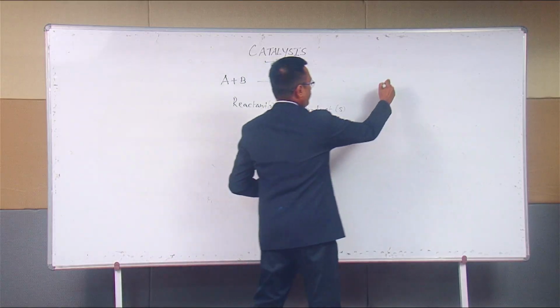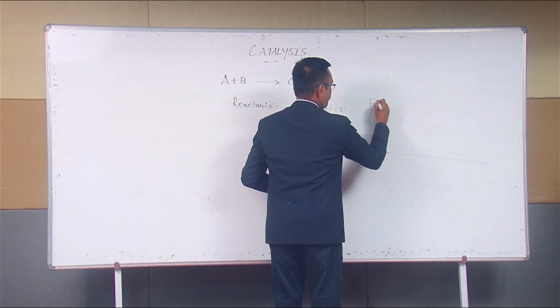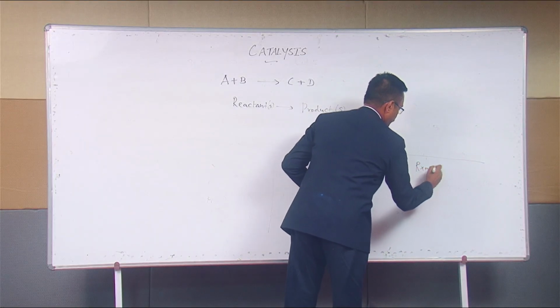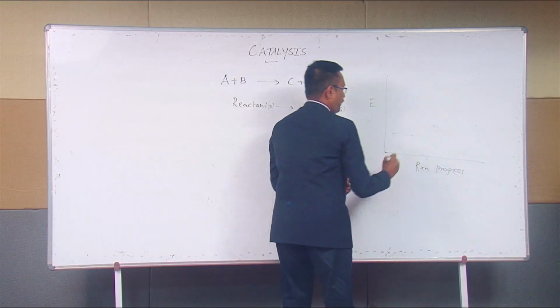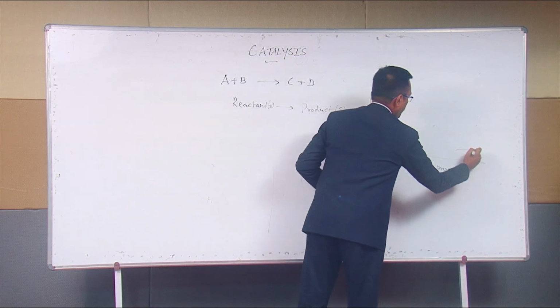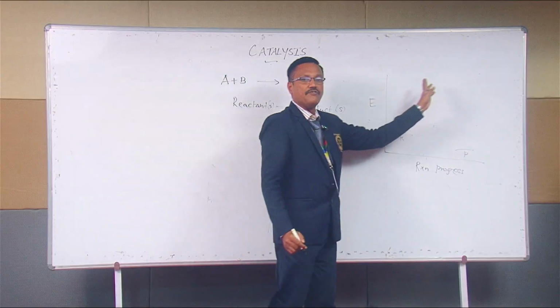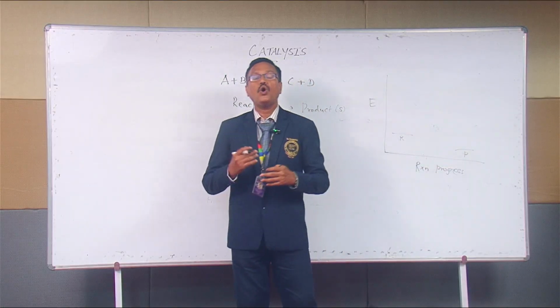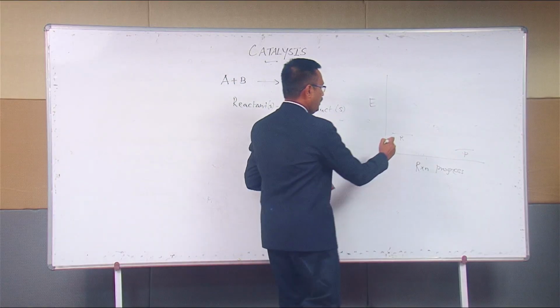Let us assume this is the graph, this is the energy, this is the reaction progress. See, the energy of reactant is here, energy of product is here. If the reactant is going to be converted into product, it has to overcome certain energy barrier. This is the energy.